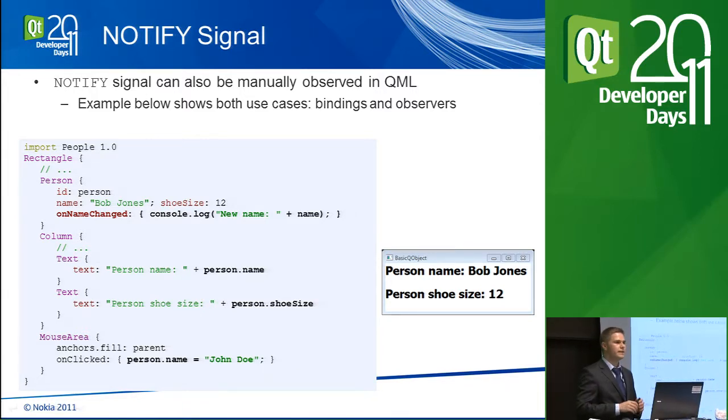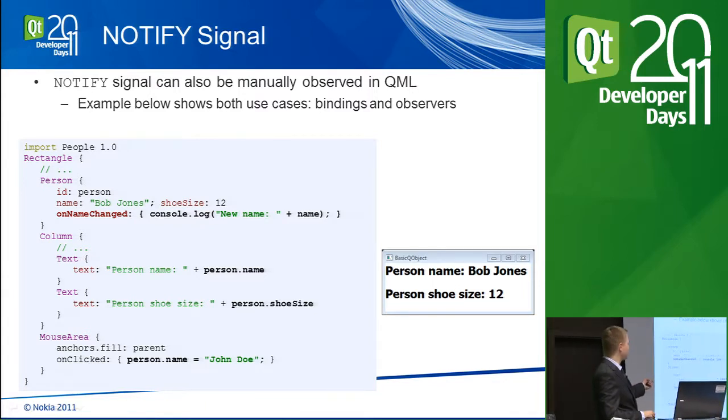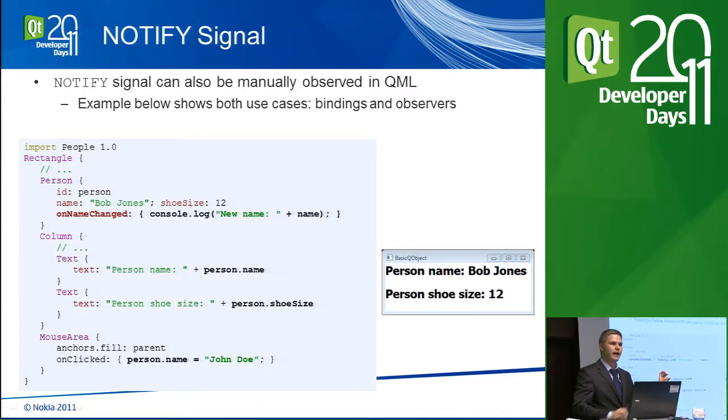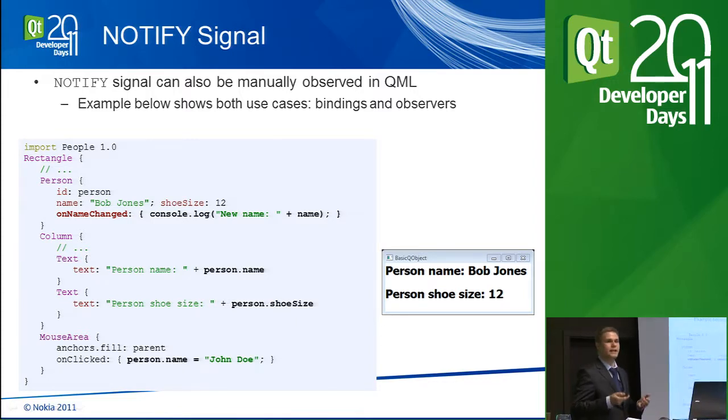The naming convention is that when you have a signal for a property change notify, in QML, to access that signal, to receive it, you will need to implement a signal handler property. Signal handler properties are always named so that they begin with on and then the name of the signal, with the first letter capitalized. So nameChanged with lowercase n becomes onNameChanged with capital N. That's just the naming convention.